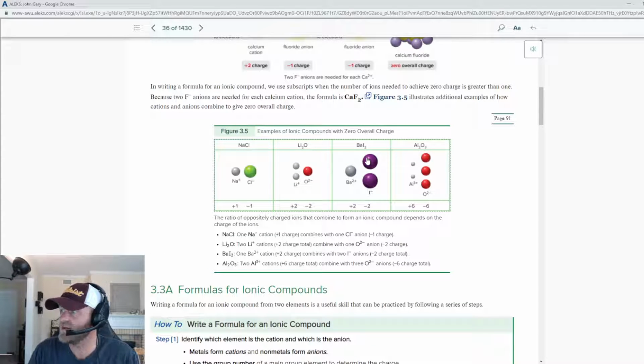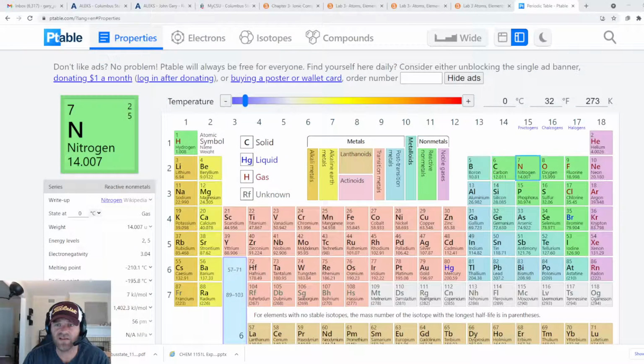So you'll see a lot of times two lithiums will donate both of their electrons. Each lithium offers an electron, so it takes two to balance out an oxygen, which has a charge of 2 minus. And all this is coming straight from the periodic table. I don't want y'all to get lost on that.